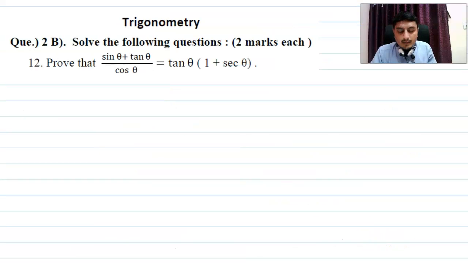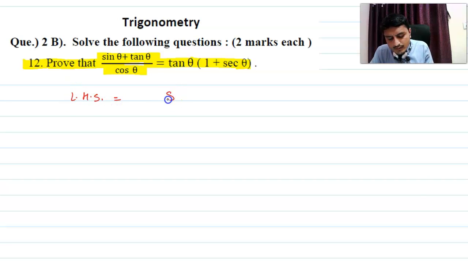Look at question number 12 from second B question. Prove that (sin theta plus tan theta) divided by cos theta equals tan theta into (1 plus sec theta). So let us consider again the LHS, which is of the form (sin theta plus tan theta) whole divided by cos theta.